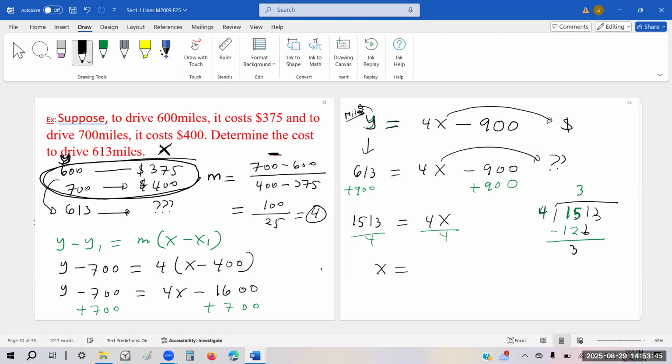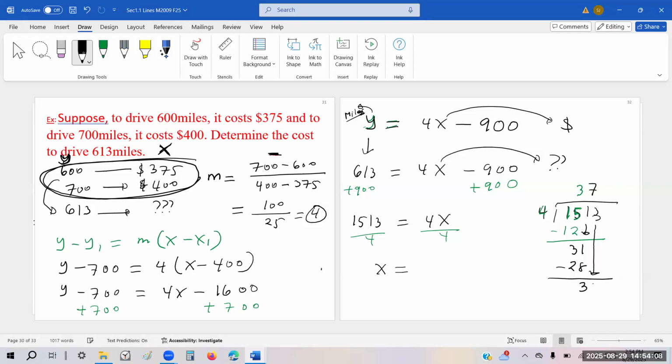Then we bring down the next number, 1. So 3 becomes 31. Now 4 goes into 31 how many times? 7. 4 times 7 is 28, so we subtract. 31 minus 28 is 3.